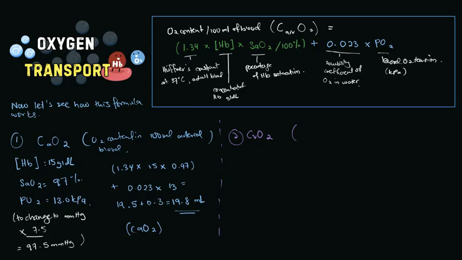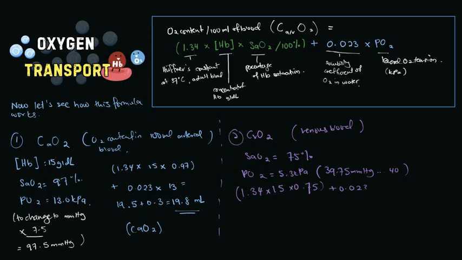In contrast, let's take venous blood. SvO₂ of venous blood is about 75%, with PO₂ of 5.3 kilopascals, or about 40 millimeters of mercury. Putting these values into the equation gives 15.08 bound to hemoglobin and 0.12 of oxygen dissolved in blood, giving a total value of 15.2 milliliters.